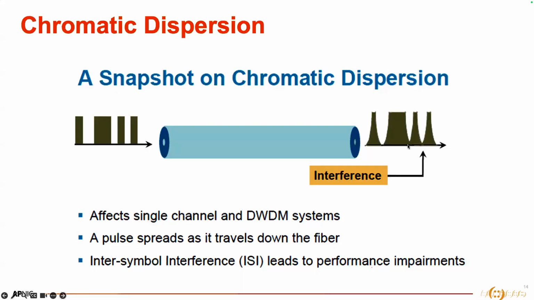Now there is no clear gap at the bottom. This is causing interference; one wave is trying to distort another one. This is the outcome of chromatic dispersion, or CD, which in technical terms we call intersymbol interference, or ISI, and it leads to performance impairments, right?